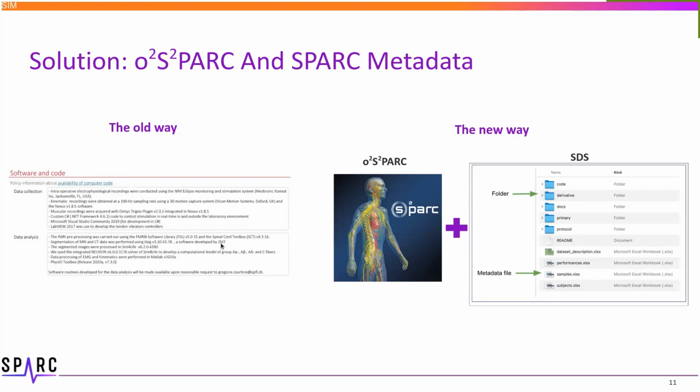So this is already good, but what we would like to show today is really a new way we are building for you, so that you can really build and share FAIR models and simulations. And this new way goes through the o²S²PARC platform that we will see in a second, and the SDS, which is the SPARC Dataset Structure.